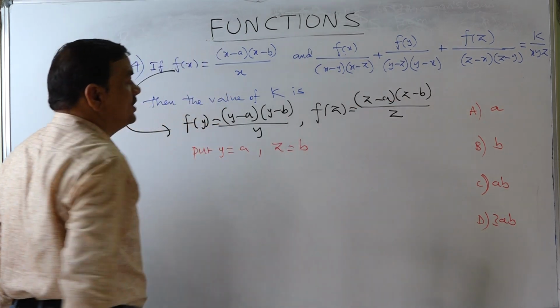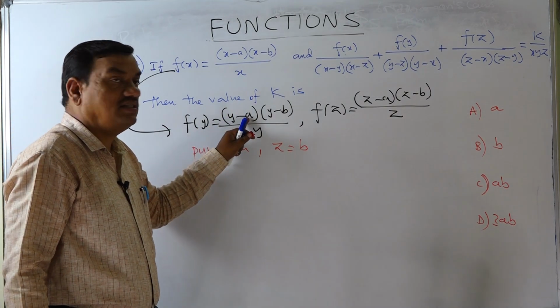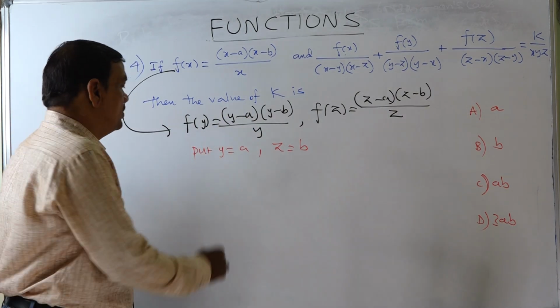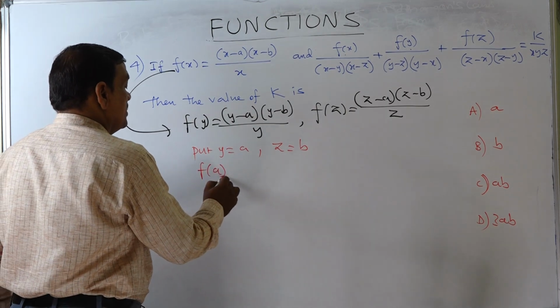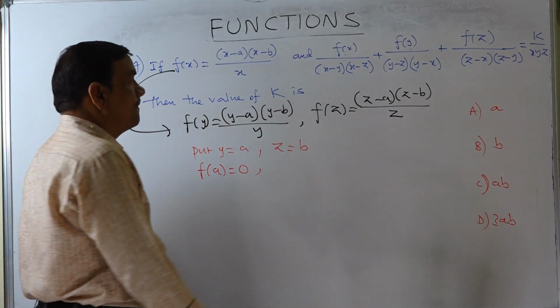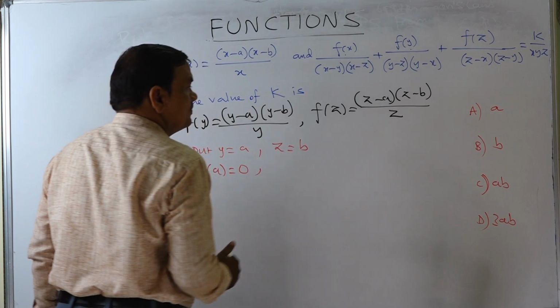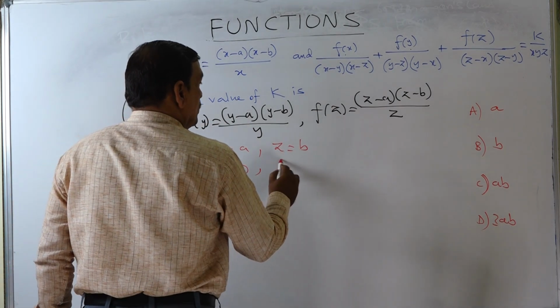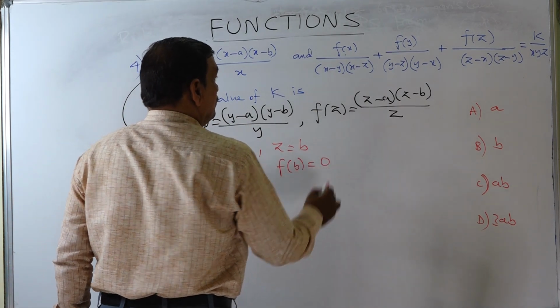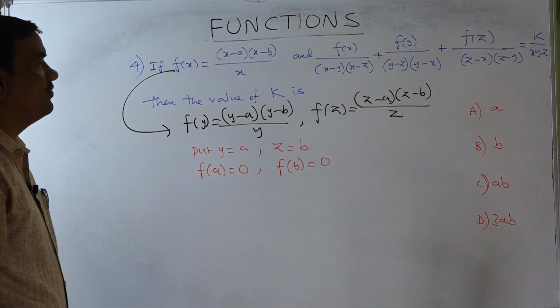If you put y is equal to a, a minus a is 0. So therefore f of a is equal to 0. Right? For f of z, here also substitute, so f of b is equal to 0. Understand this?